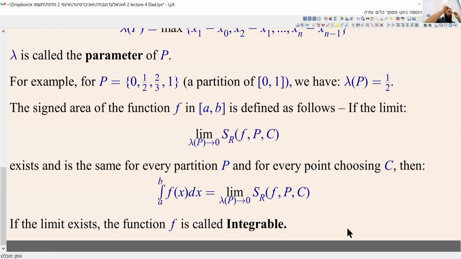You take the supremum of f and the infimum of f in every subsegment. You get two kinds of rectangles. One is always beneath the graph, the others are always above. And if those sums kiss each other when you take lambda and draw it to 0, then the function is integrable. Riemann and Darboux actually say the same. One can prove that they are equivalent. We're not going to do it here in our course. We define the integral with Riemann.